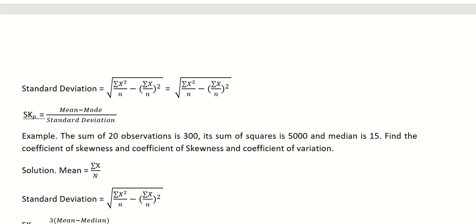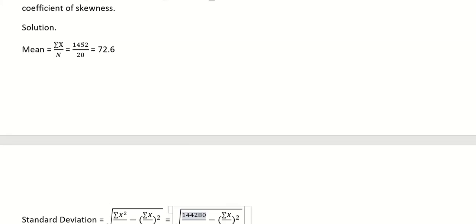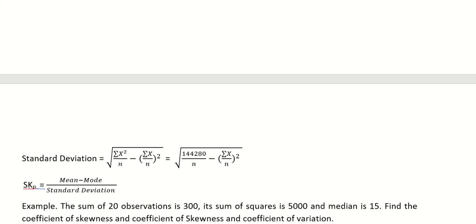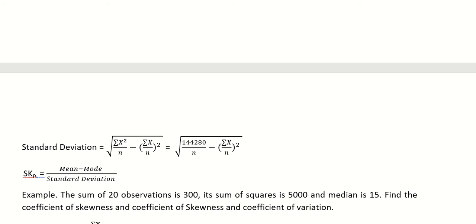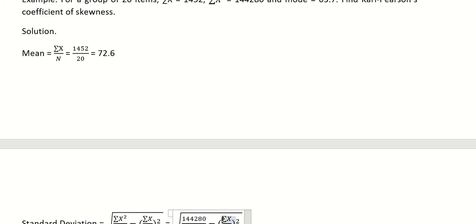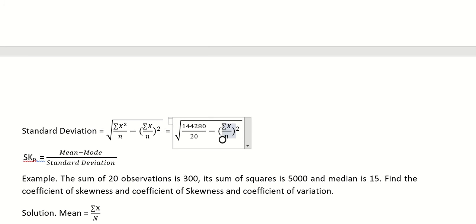So I will apply this value here, 144280. Then n is 20. Now this is summation of x upon n. Summation of x is 1452 divided by n, which is 20, and we need its square. Now we will solve it.